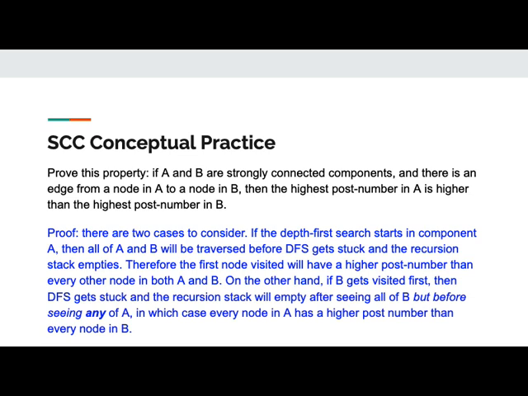Starting from A, you pick a new vertex, and the pre-number you start with is n plus 1. From here, it explores everything in A, and the post number here will definitely be greater than n plus 1, which means the highest post number is greater than the post numbers in B.